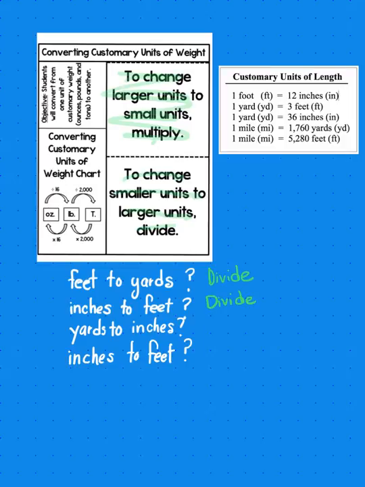So that's like saying if I have 24 inches, how many feet? I would divide 24 by 12 and I would get 2 feet.